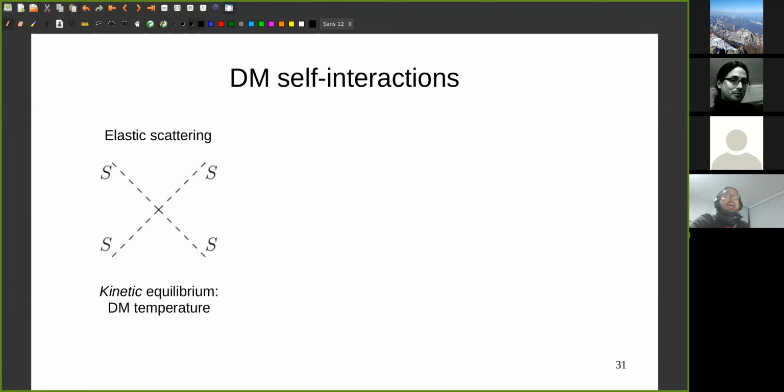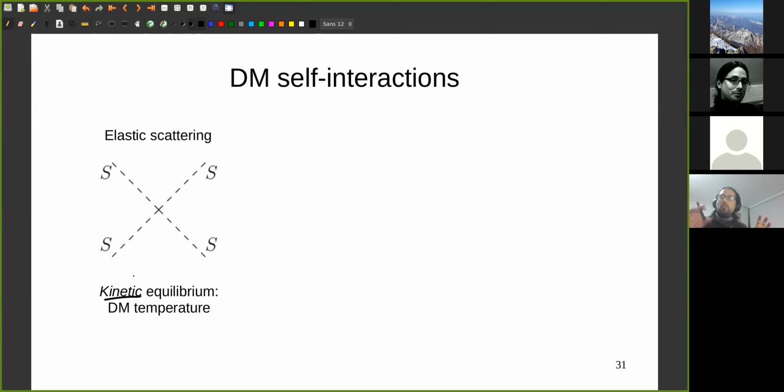If these quartic interactions are effective, we can have kinetic equilibrium. When I talk about kinetic equilibrium, I mean that the dark sector could be characterized by a dark temperature, which in general could be different from the standard model one. So we have two sectors that both reach kinetic equilibrium, not between themselves, but on their own.